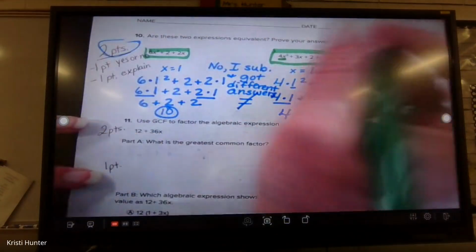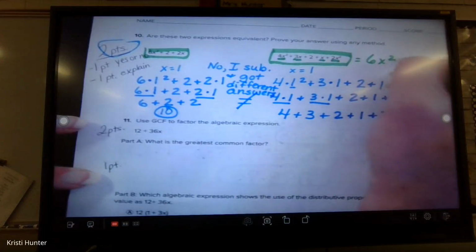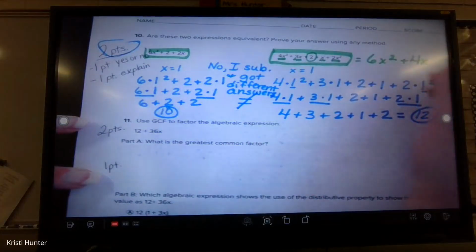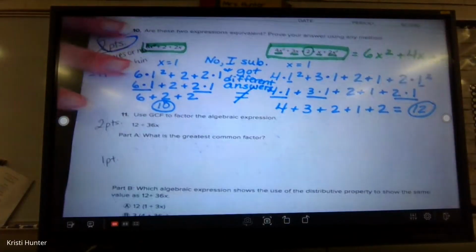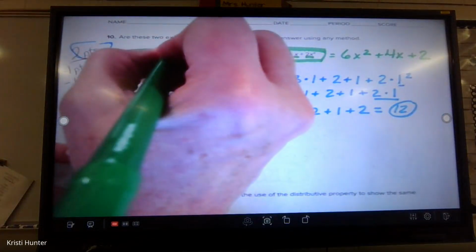When I look at my x's, I have a 3x and an x. So that's a 4x. And my constant is just a 2. So my constant matches and my x squared matches, but my x's don't match.